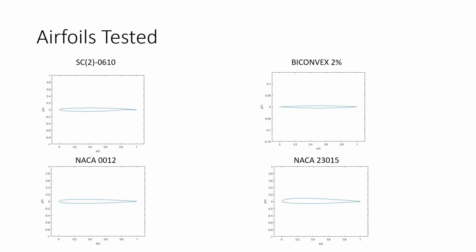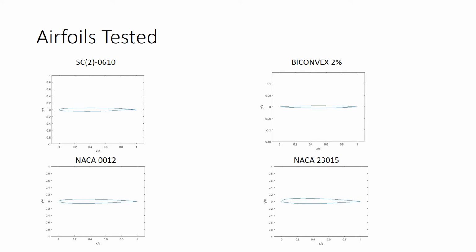The airfoils selected for this research were the SC2-0610, a biconvex 2% airfoil, the NACA 0012 airfoil, as well as the NACA 23015. And the reason that these airfoils were selected is because they're pretty different from one another.